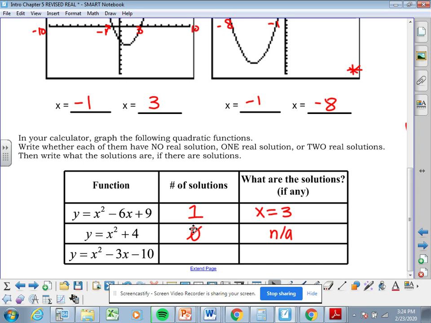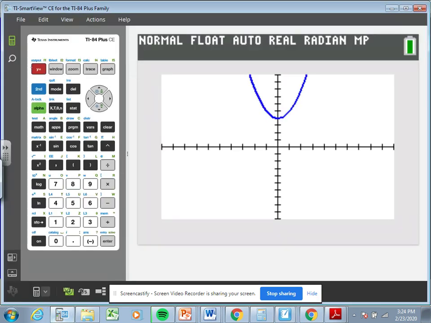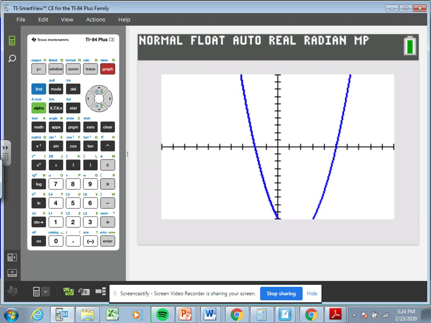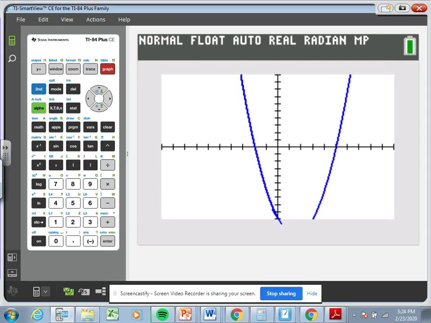All right, last one is x squared minus 3x minus 10. So again, y equals, clear, x squared minus 3x minus 10. Hit graph. All right, so you don't see this whole graph. It kind of goes like that, but all graphs have a turning point, so that doesn't really matter.